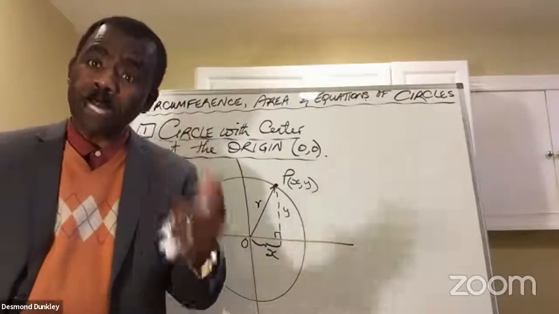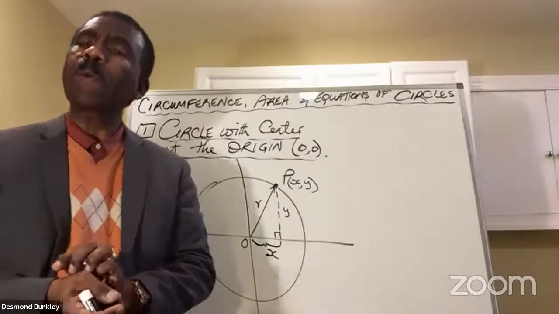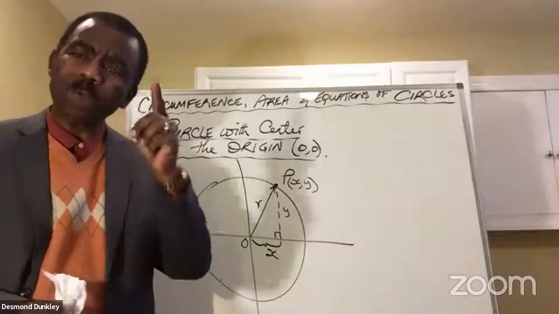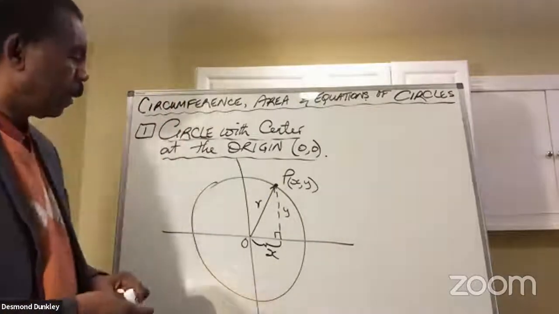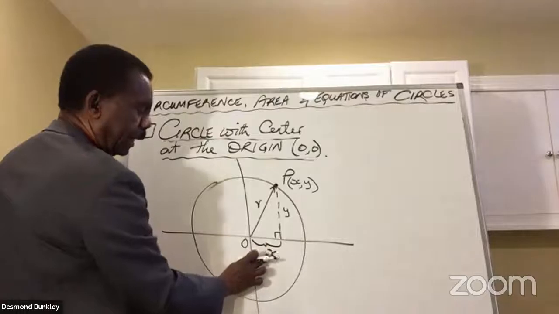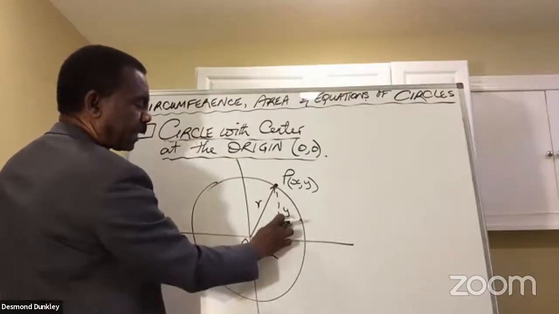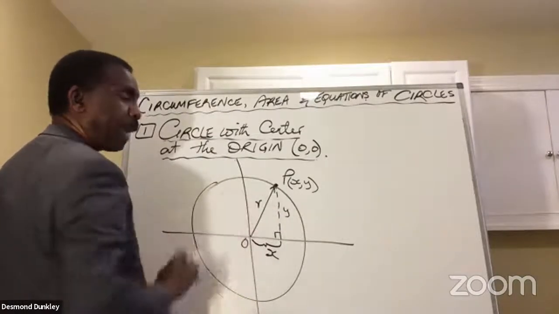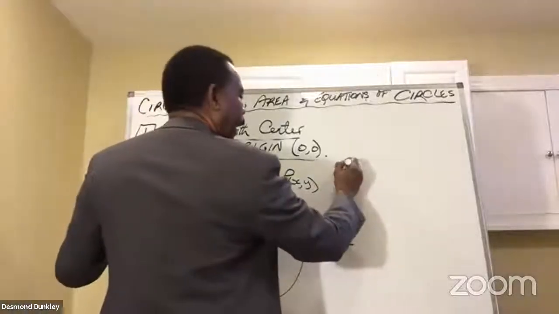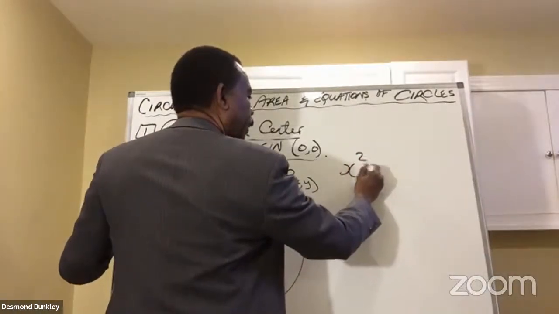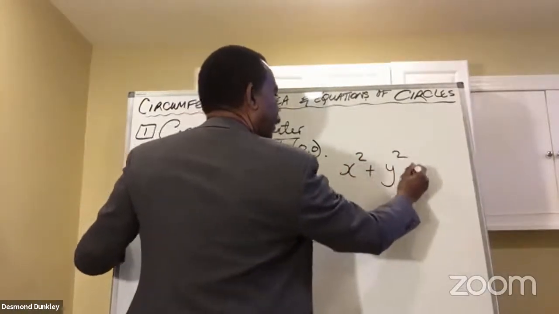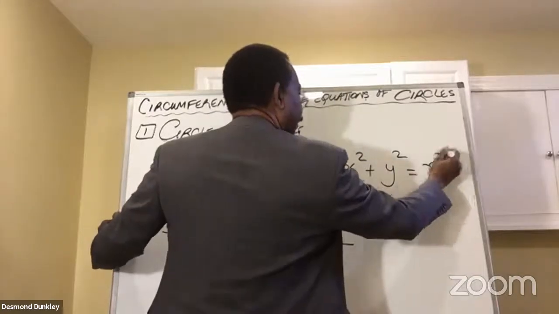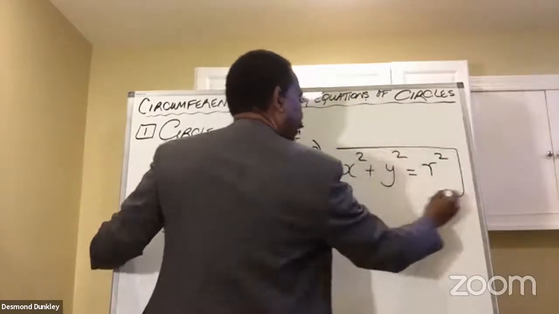And the Pythagorean theorem is a way to connect the three sides of your right triangle. What does it say? It says that this squared plus that squared is equal to the hypotenuse squared. X squared plus y squared is always equal to r squared. Guess what?